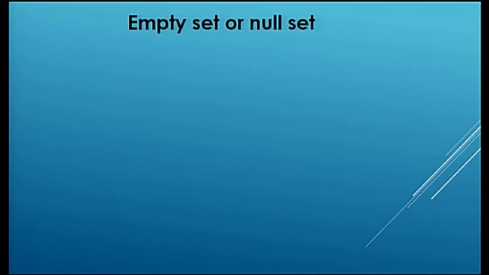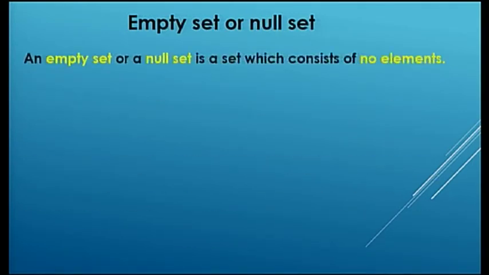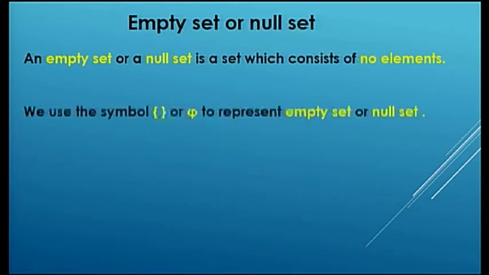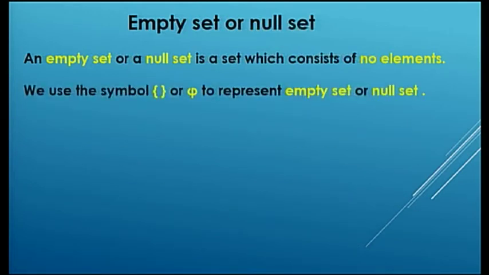Now let's talk about empty set or null set. An empty set or a null set is a set which consists of no elements. We use this symbol to represent empty set or null set. Both empty set and null set mean the same thing, that is, a set without any element.